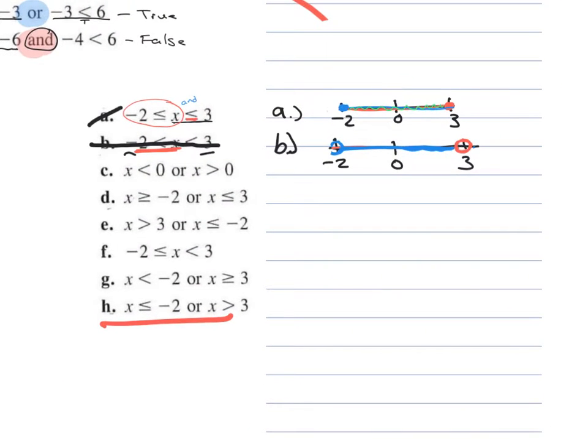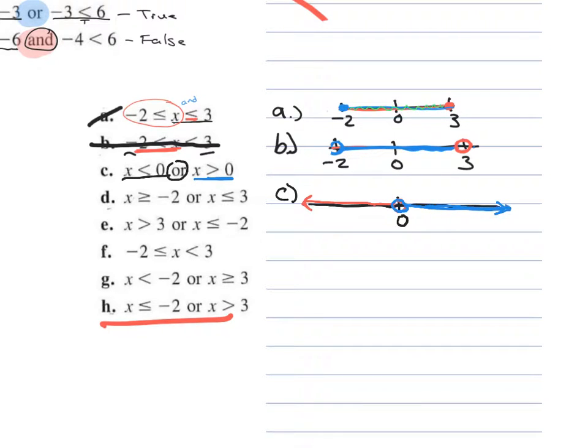Let's do C. Now this one is an OR. Something happens at 0. We've got x is less than 0. So here's 0 and all the numbers to the left. And then we've got x is greater than 0. So here's an open circle and all the numbers to the right.